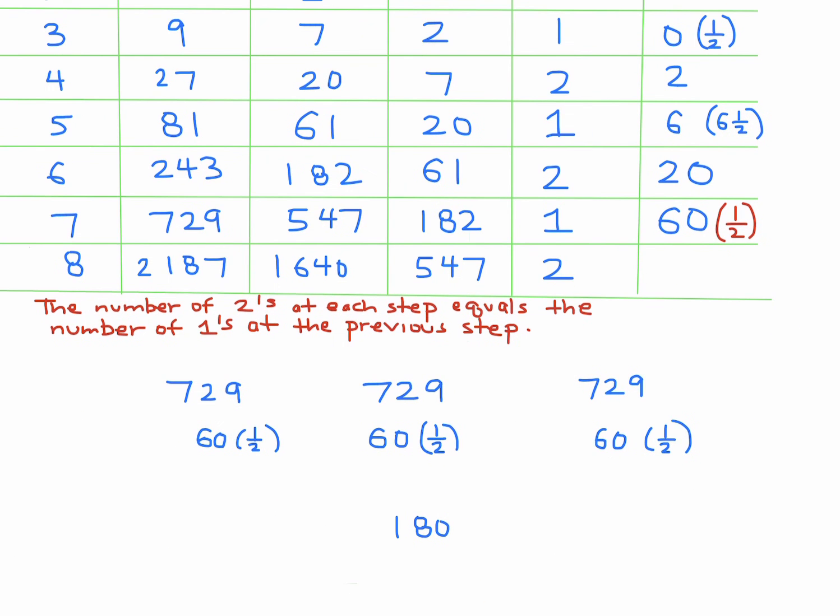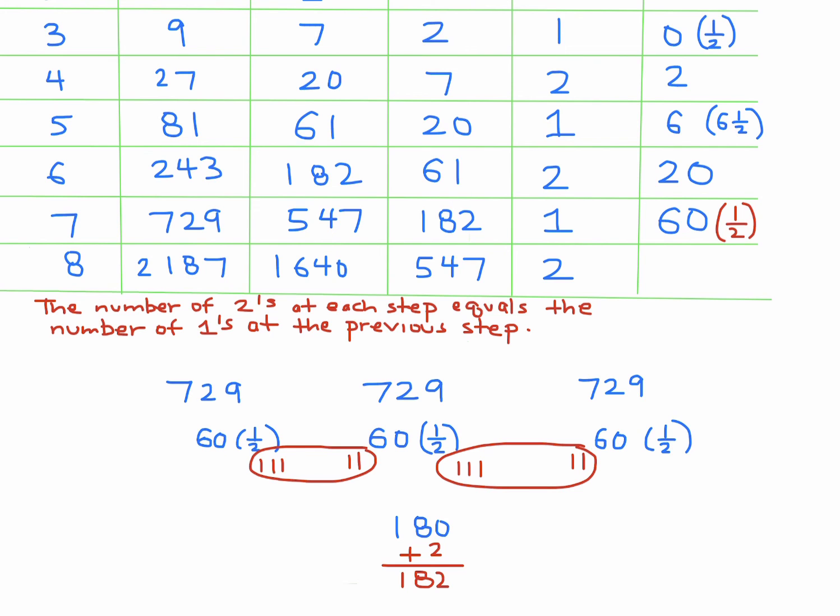So each of these will give you a 1, 1, 1, and then it will join with the 1, 1 from the next one. Does that make sense? And then similarly, from the next 729, it will be 1, 1, 1. It will join with the first 2 ones in the next sequence. And that's how you end up getting 2 more. So the final answer is 180 plus 2, which is 182. And that is the answer to this question.